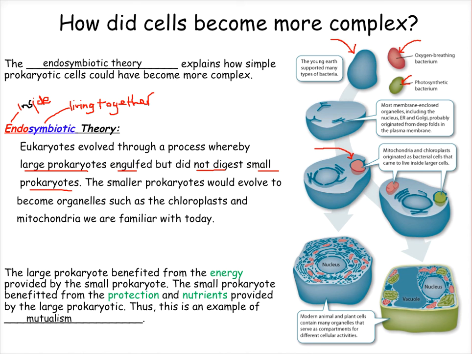So, in this theory, the suggestion is that these smaller prokaryotes would evolve to become the organelles, such as the chloroplasts and mitochondria that we're familiar with today.